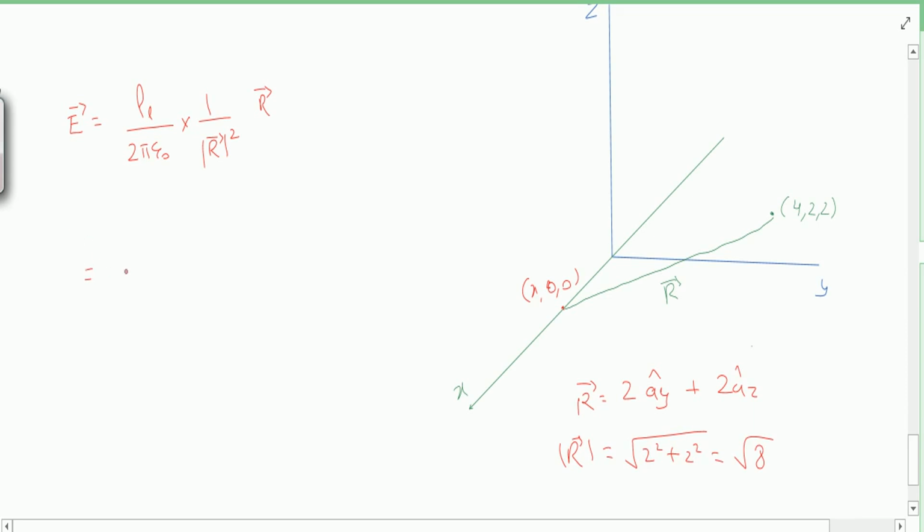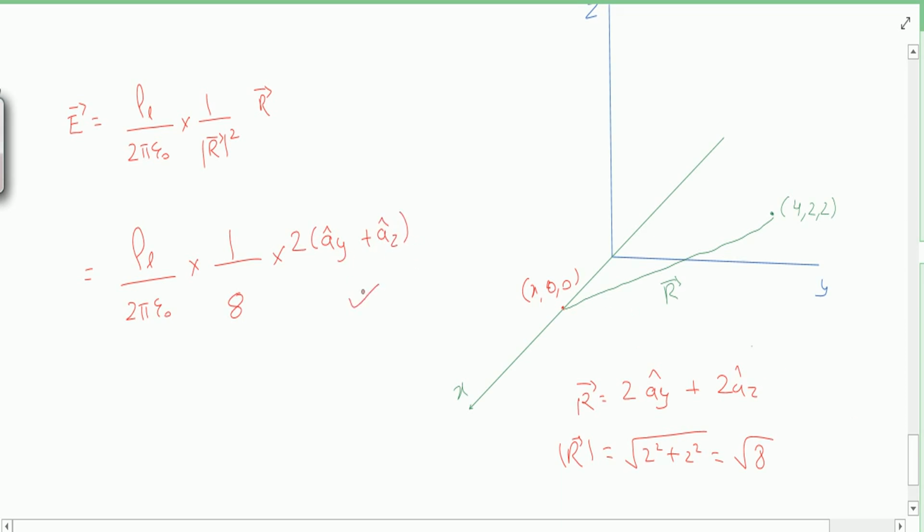So if I put the values here, rho l by 2 pi epsilon naught, root 8 is the magnitude, and here it is square, so it becomes 8. And r vector I can write as 2 into (ay cap plus az cap).